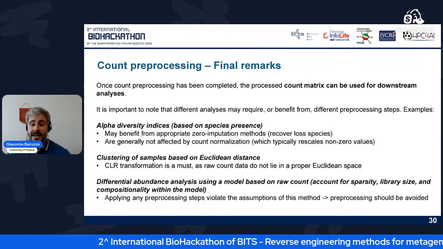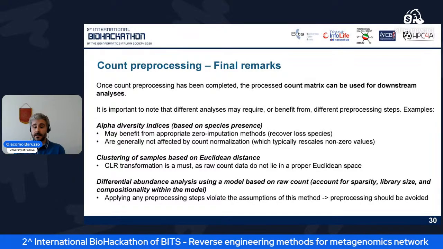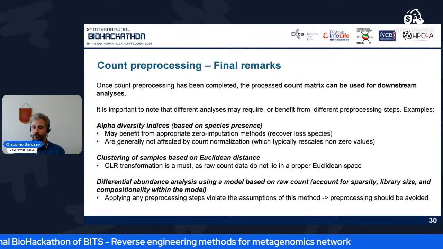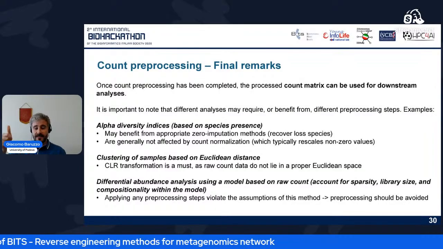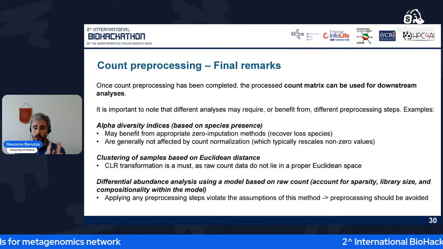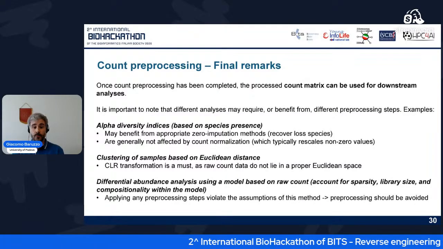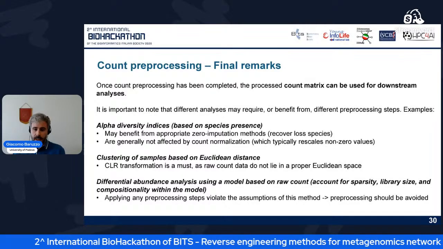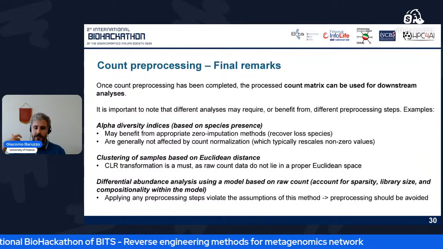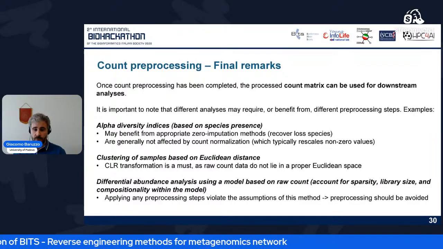If you want to perform clustering of samples maybe based on Euclidean distance, then now you know that for sure you need to perform the CLR transformation, because otherwise you're applying Euclidean distance on data that are not in a Euclidean space. Or you want to perform a differential abundance analysis, and the method that you choose has an internal modeling for the sparsity, the different library size, and the compositional nature of the data.